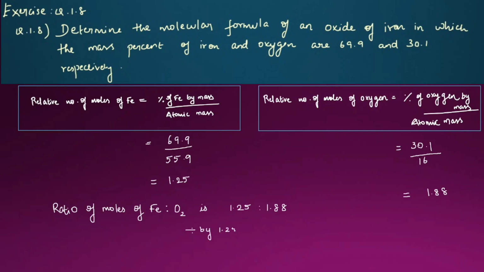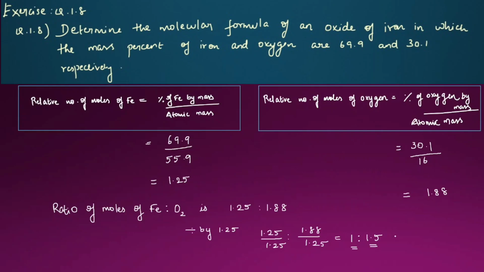So let's divide by 1.25 on both sides. We'll get 1.25 divided by 1.25 is to 1.88 divided by 1.25. So it will be equal to, this both gets cancelled, 1 is to 1.88 by 1.25 is 1.5, and again it turns out to be decimal.